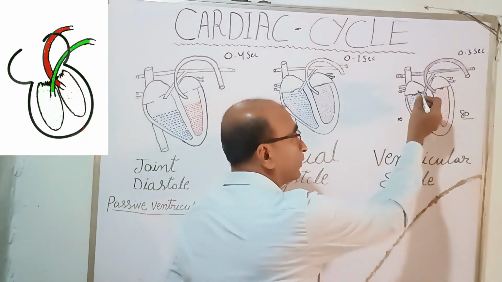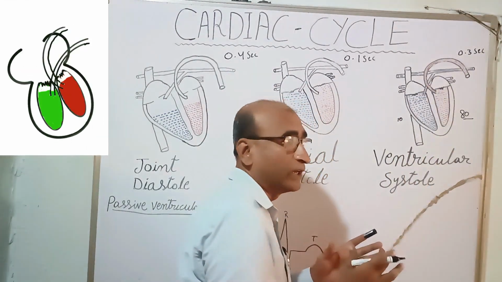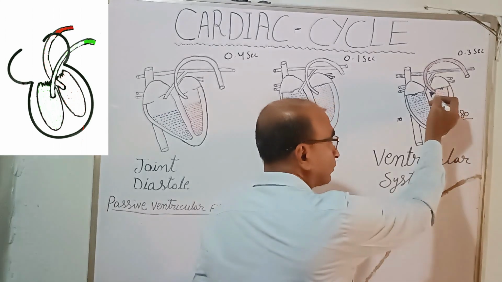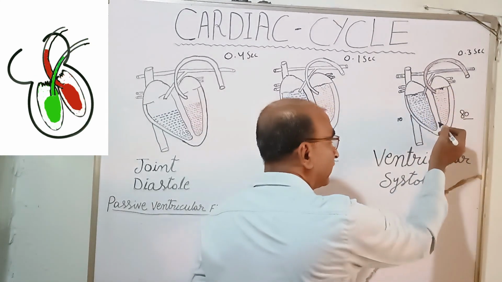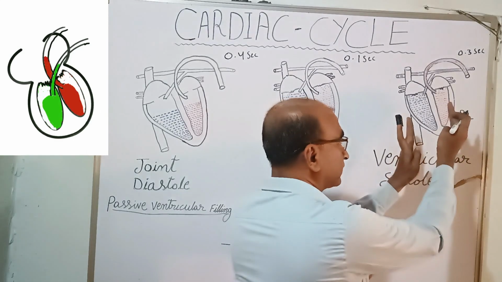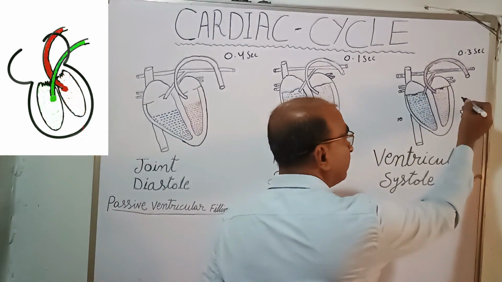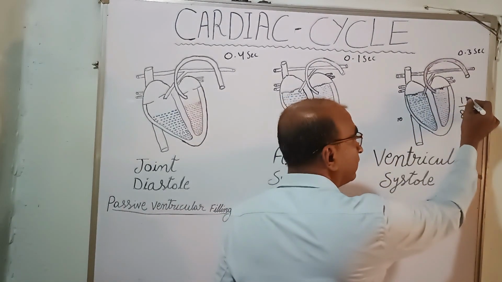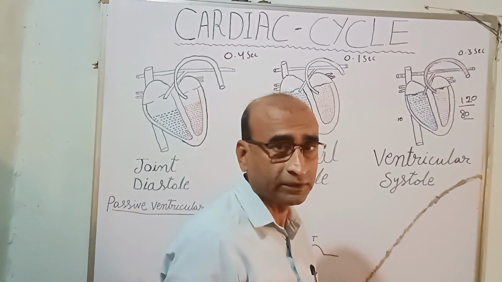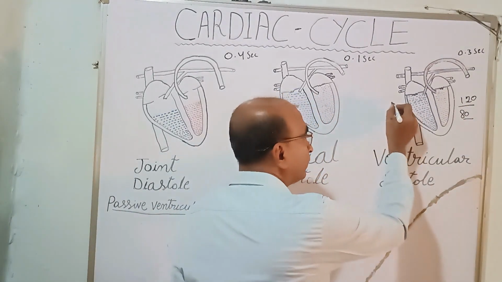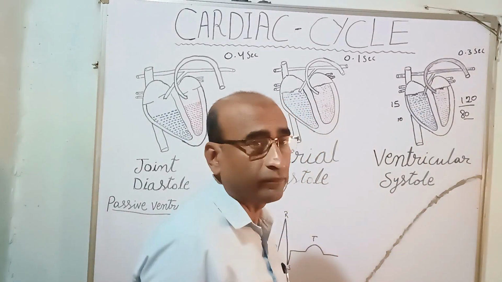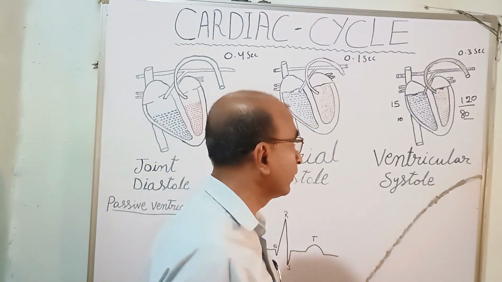When the atrioventricular node generates electrical impulses, they travel through the bundle of His, bundle branches and the Purkinje fibers. Both ventricles start to contract. The pressure increases up to 120 millimeter of mercury in the left ventricle, and in the right, up to 15 millimeter of mercury.